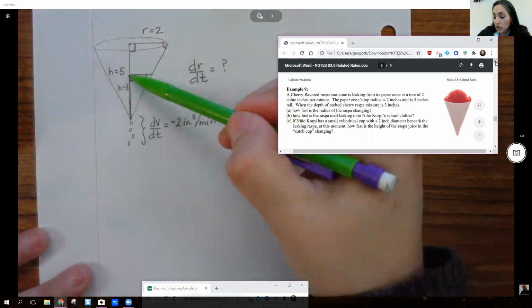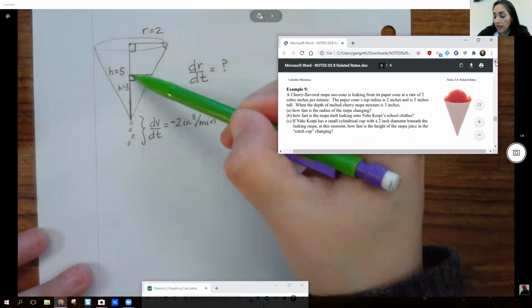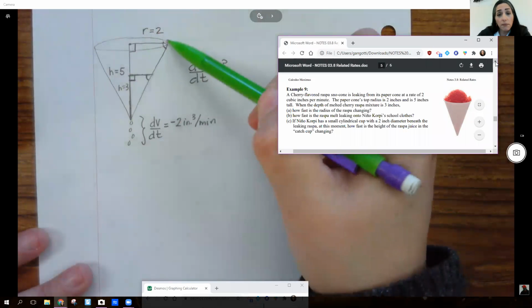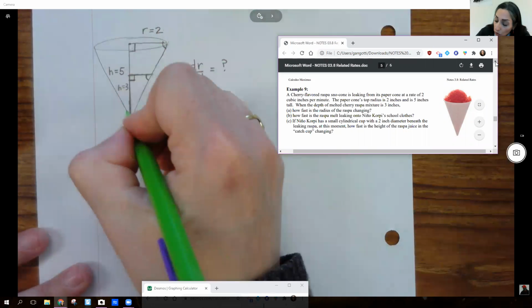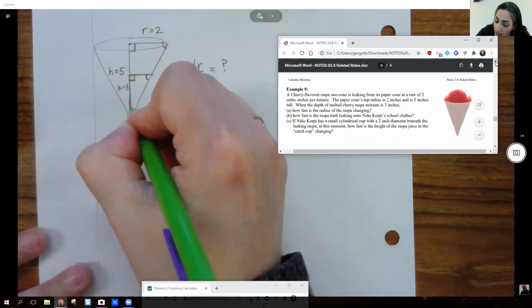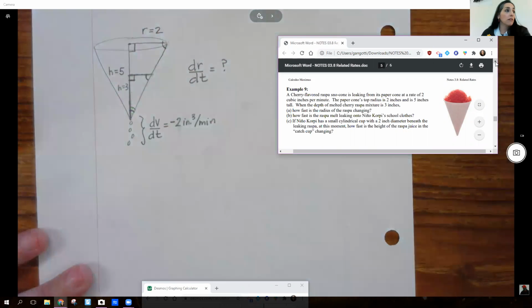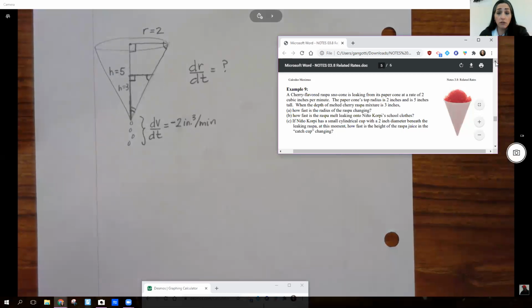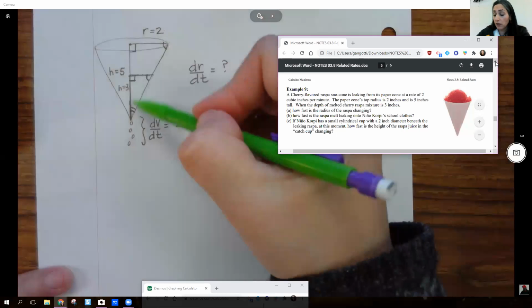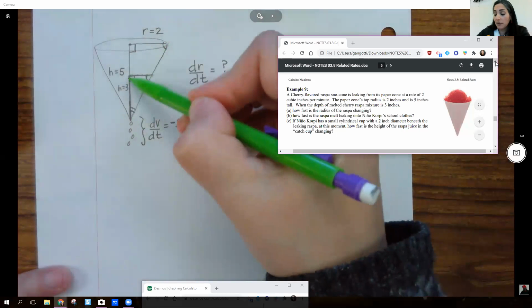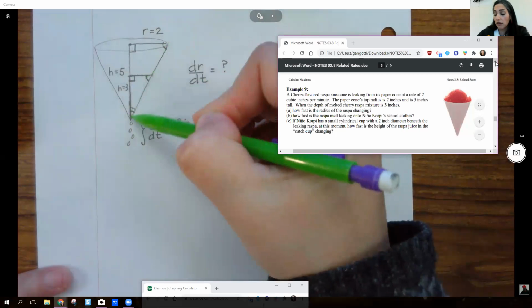And so you can see there's a little right triangle inside of a big right triangle. Both of those right triangles share this angle down here. Since all of their angles are equal, the big right triangle is going to be similar to this one right here.